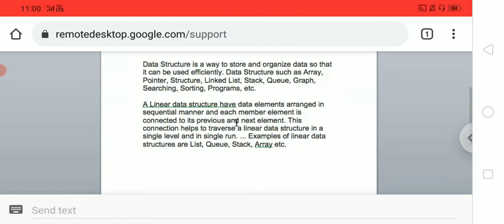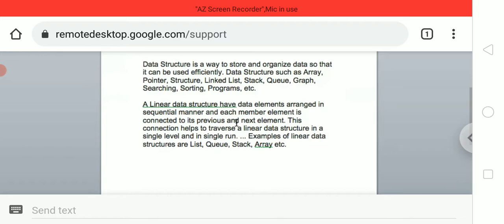This connection helps to traverse a linear data structure in a single level and in a single run. Examples of linear data structures are list, queue, stack, array, etc. As per our syllabus, the first two units belong to linear data structure concepts, and this was also completed in previous videos. Linear data structure means the data will be stored one after another.